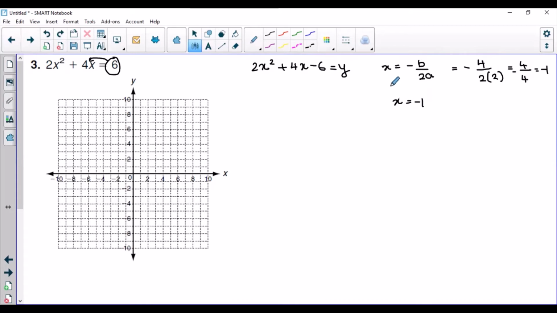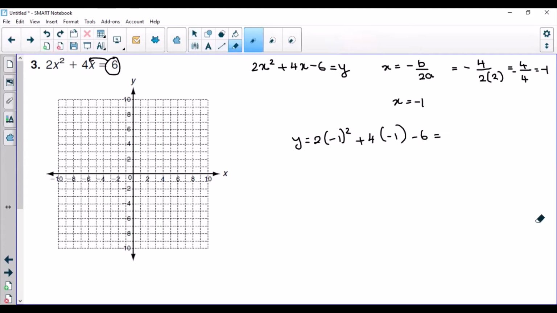Similarly, you will have to find the value of y using the value of x. In the same equation, substitute the value of x. So y is going to be equal to 2 multiplied by negative 1 squared plus 4 multiplied by negative 1 minus 6 equals y.